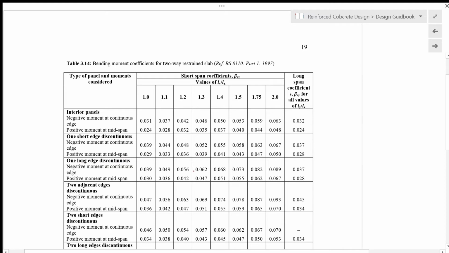And then all these values are the beta sx values, and the values on this row here are the beta sy values. So there is only one beta sy value for each of the support conditions, because all these beta sy values are irrespective of the Ly over Lx ratio, whereas the beta sx values are dependent on the Ly over Lx ratio.